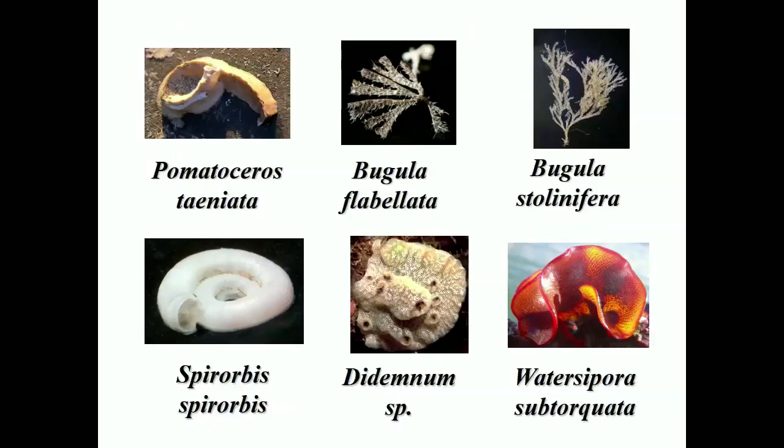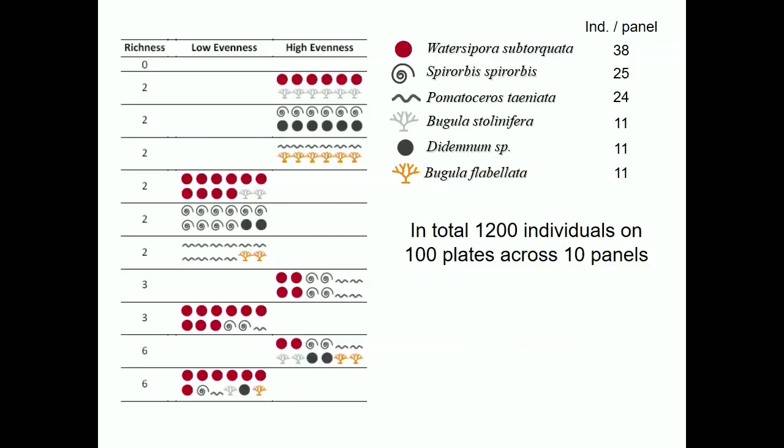Now these are the species that we chose to work with for this experiment. So we have 2 encrusting snails, 3 bryozoans, and a sponge. And this is the actual design that we used.